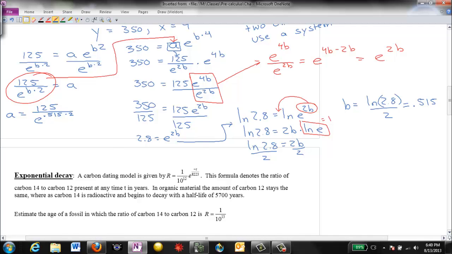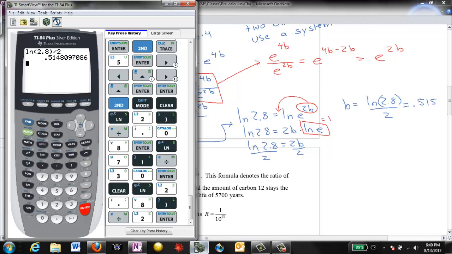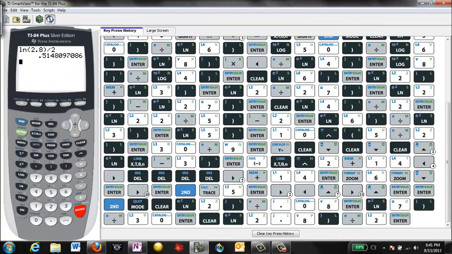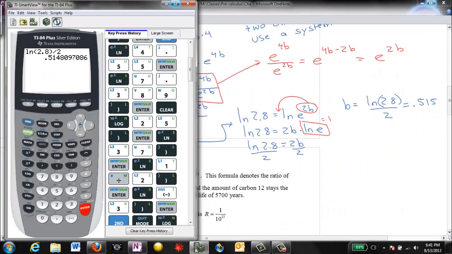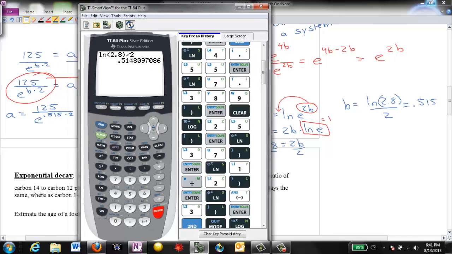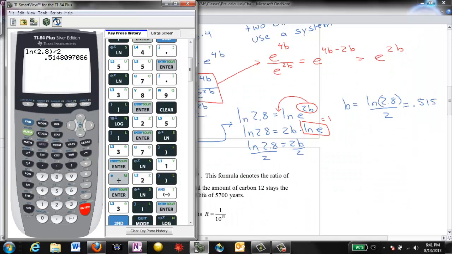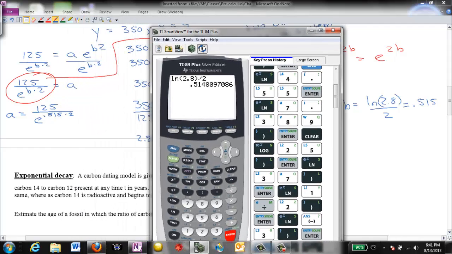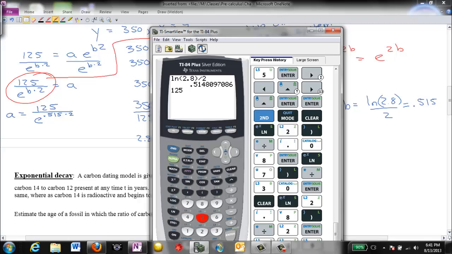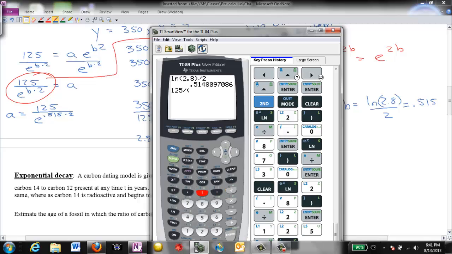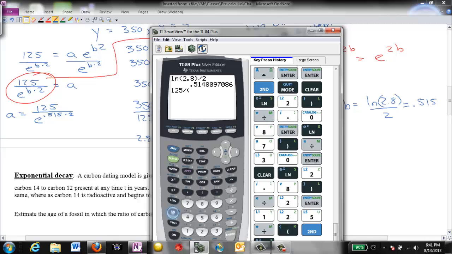Okay, and to do that calculation again, I'm going to bring up my calculator, and we can do that real quick. There we go. Okay, so we have 125 divided by the e, second natural log, right? Hit second natural log to get your e.